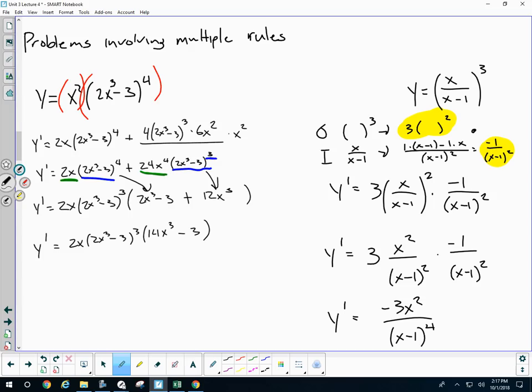Okay, so when we use multiple rules, we might have to simplify. If you're squaring a fraction, you have to square the top and the bottom. So I squared the top and the bottom, and then boom, those can be combined. Okay? All right.